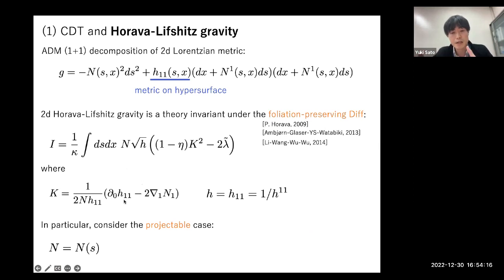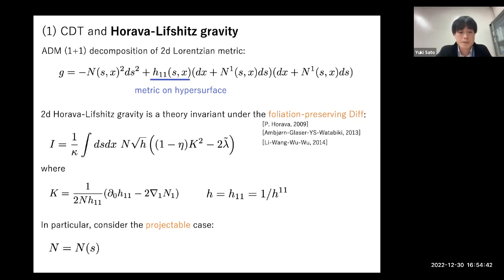From this K, one can specify the embedding of the hypersurface. Kappa is the dimensionless gravitational constant, and eta is a dimensionless parameter. And lambda tilde here is the cosmological constant of this system. Okay, so this is the two-dimensional Horava-Lifshitz gravity.